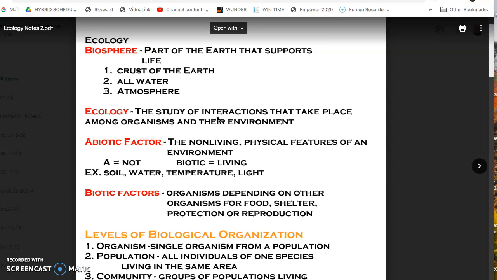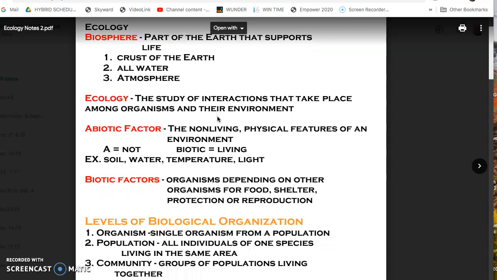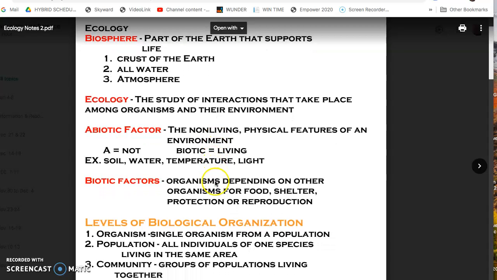Abiotic factors are non-living physical features of the environment. They are things like the wind, the sun, the rocks, the water, the temperature. All of these have influences on organisms. They make it either easier or more difficult for them to survive.